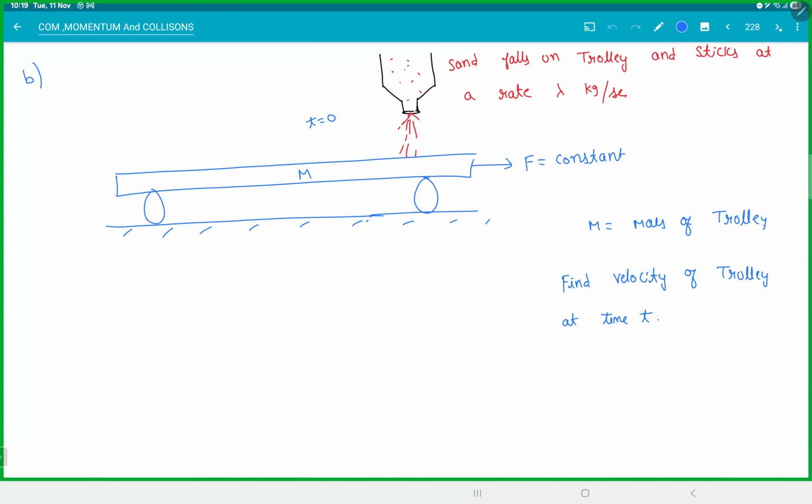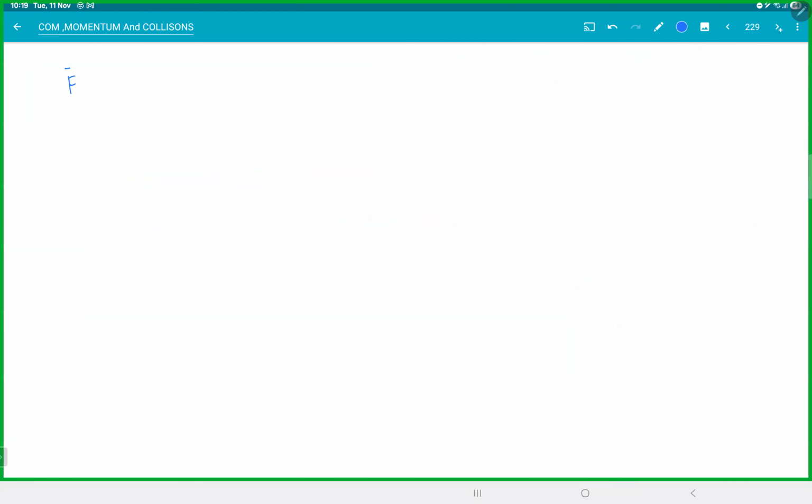Now listen, the difference between this and the previous one. We will write the equation again, same thing: F external plus F thrust is equal to m a. Now, listen carefully here, F thrust is not zero. After some time, the trolley will be going with some speed V. The speed of the sand particles which are falling is zero, isn't it?